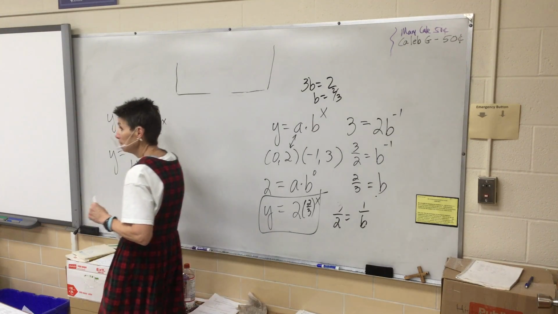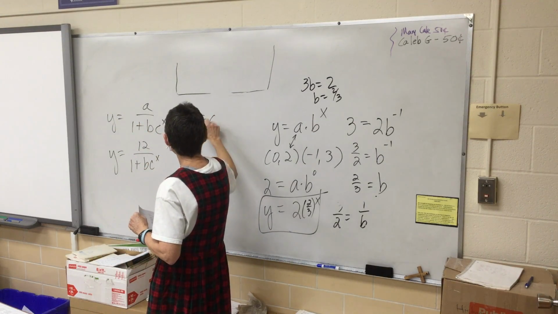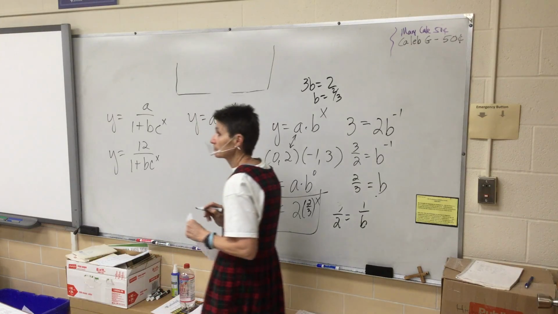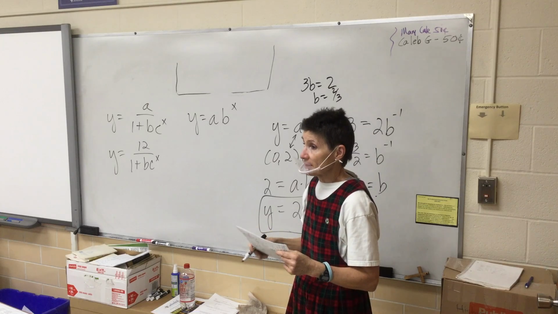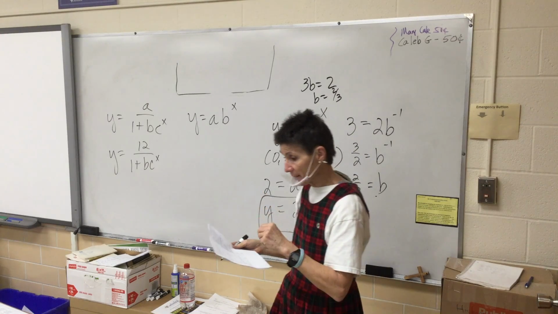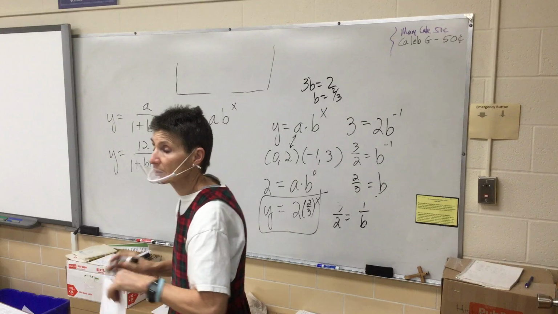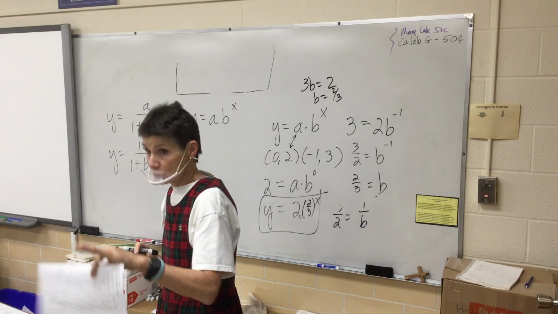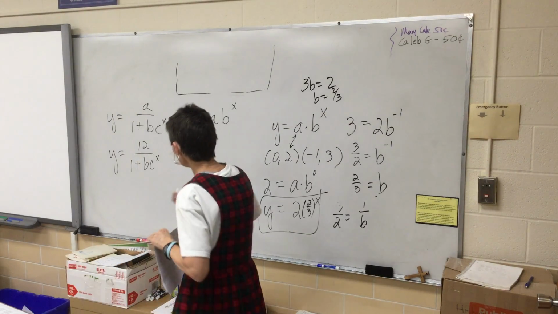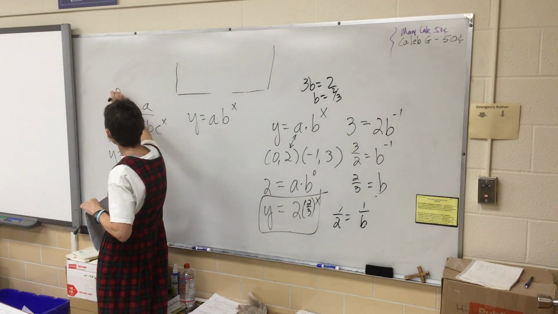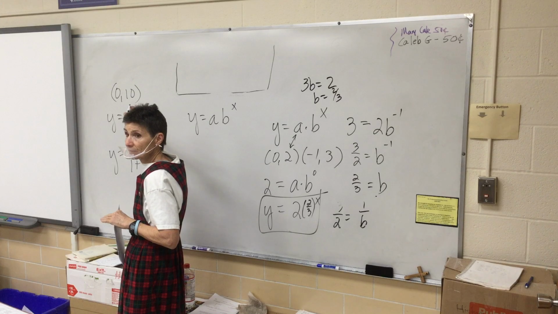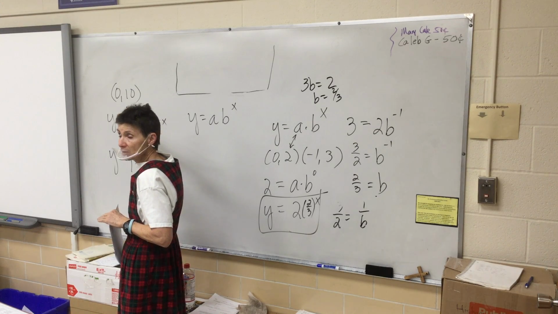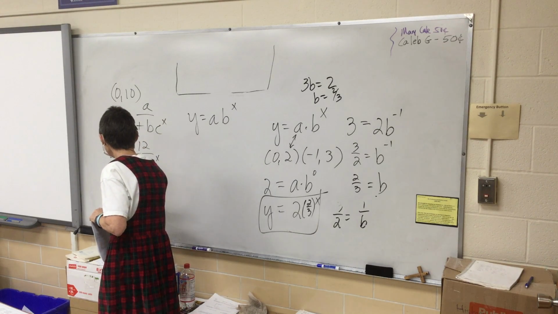Just like you have your exponential. Okay, so what's next now? What piece of information am I going to use next? Initial value. And I'm going to remember that an initial value of 10 means this point. So 10 goes in for y.